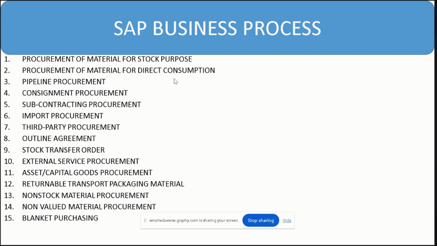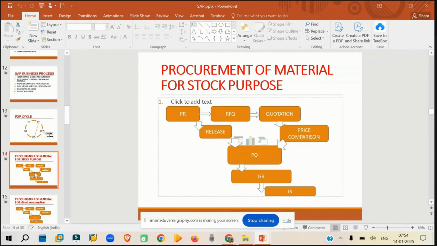And while we go further, while we go to the process flow and the subjective topics, you need to add your points over there and make a note of it. Like, if I talk about procurement of material for stock purpose, this will be the process flow. We'll see it in a bit.